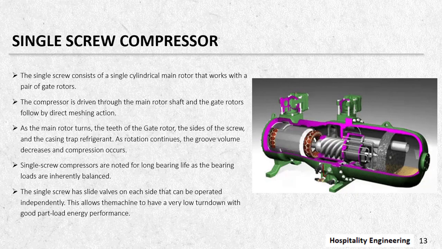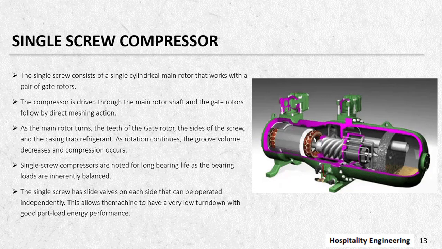Single screw compressor. The single screw consists of a single cylindrical main rotor that works with a pair of gate rotors. The compressor is driven through the main rotor shaft and the gate rotors follow by direct meshing action, which you can see in the picture.